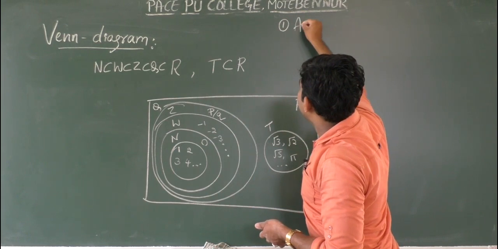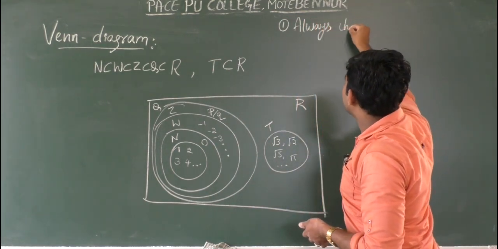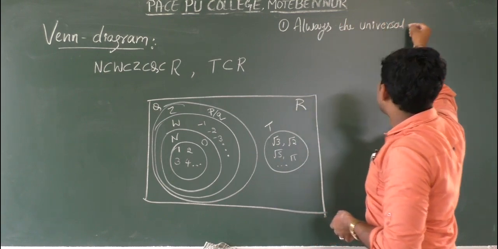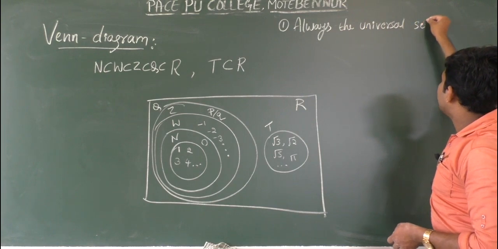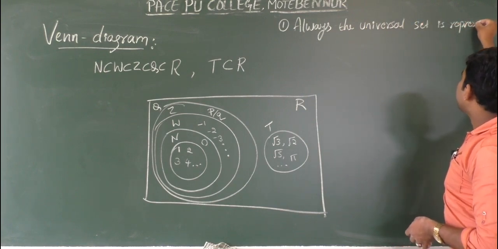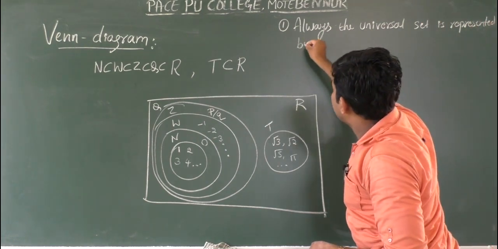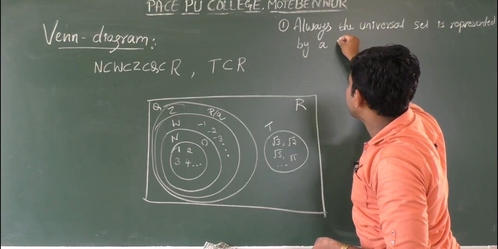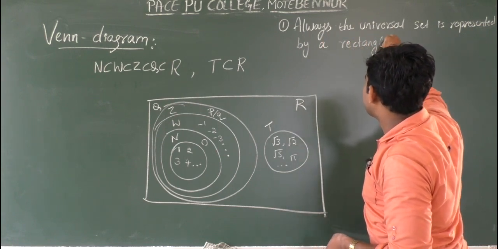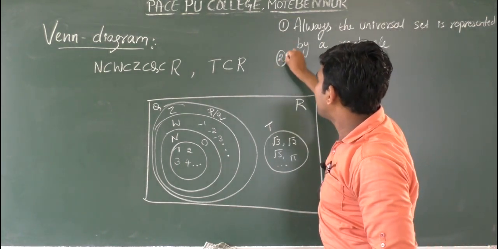First point: always the universal set is represented by a rectangle.